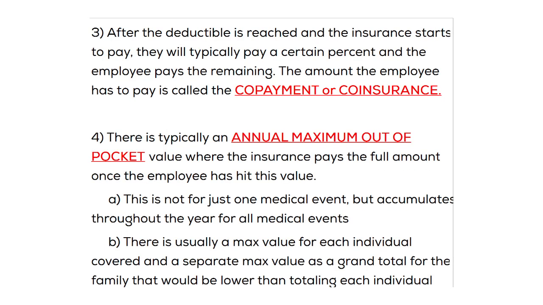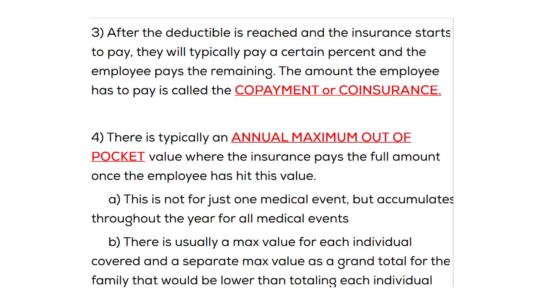So now, after your deductible is reached, so let's say I reached my $1,000, I had some stuff going on this year, reached the $1,000. Now the insurance is going to start helping me pay. And notice I say helping me pay, because typically they don't suddenly pay everything. Typically they'll pay a certain percent, and this is health insurance.